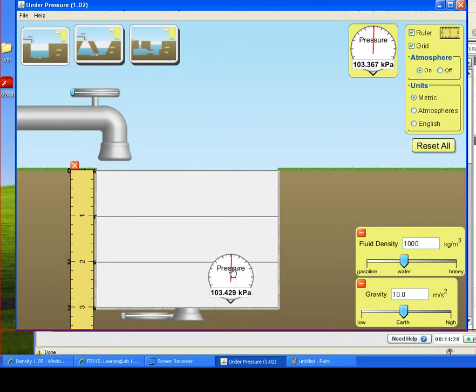Can you see that as we go down, the pressure increases? As we're going lower and lower, pressure increases. Do we agree with that? And that occurs because of the height of the air column. Even though the tank is empty, there's still air in it, right? So the height of the air column is increasing, because at this point it was only from here up to the top of the atmosphere.